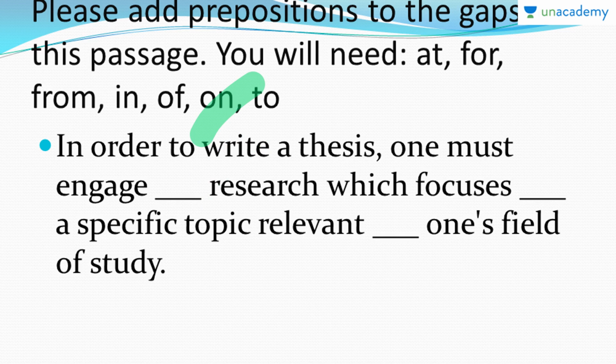So the sentence will read, in order to write a thesis, one must engage in research which focuses on a specific topic relevant to one's study field. The topic points in the direction of a field of study, and this pointing in direction gives the hint that the preposition used here will be to.